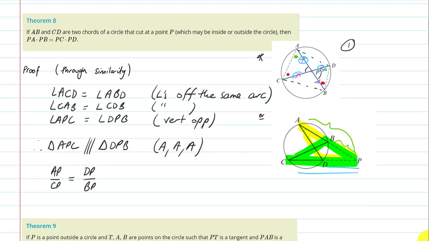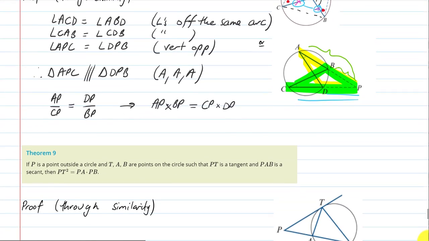And these sides match, so they become my denominators, they become my numerators. It doesn't matter which way around I do it, because this ultimately leads to AP times BP is equal to CP times DP, and that's what we're trying to show. So we have proven that Theorem 8 is true. Now you probably won't have to show the proof, but you just have to understand those ratios exist. We'll get the same result with the second diagram if you want to have a look at that.